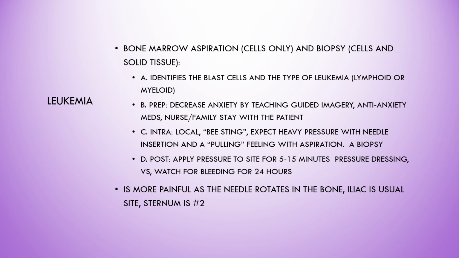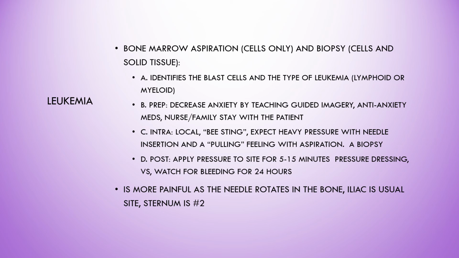To determine if a patient has leukemia, they do bone marrow aspiration and biopsy. So this will identify the blast cells and the type of leukemia, whether it's lymphoid or myeloid. For the prep for this test, we will decrease anxiety by using guided imagery or anti-anxiety meds.